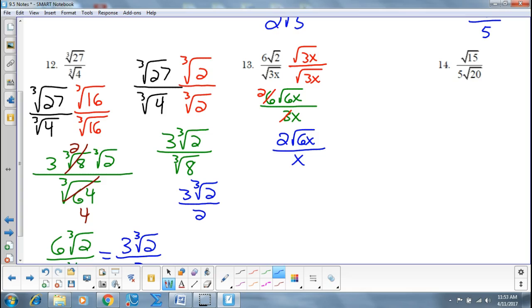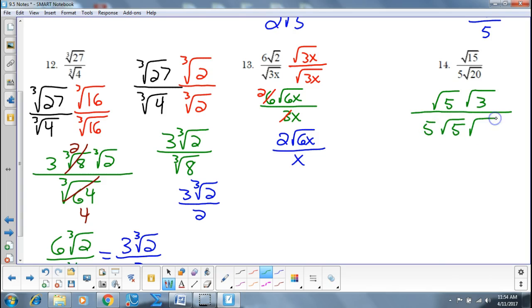Okay. Now, on this one, I would break this one up as the square root of 5 times the square root of 3 over 5 times the square root of 5 times the square root of 4, right? Okay?